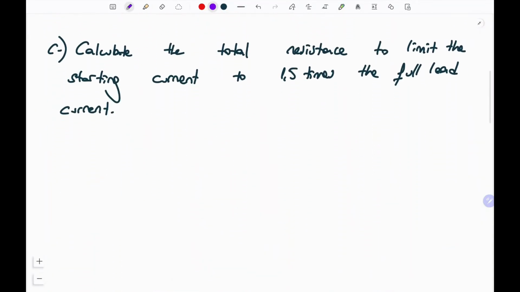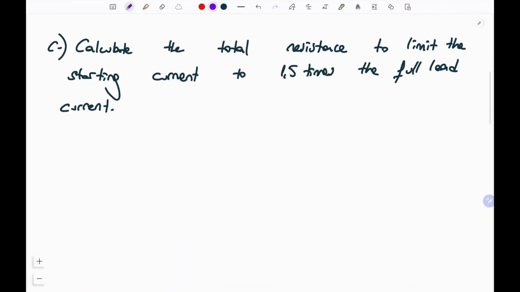After that, let's continue with the total resistance to limit the starting current to 1.5 times the load current. Because of this, we should start with the load current, line current calculation. So, IL can be calculated with the input power divided by Vt.